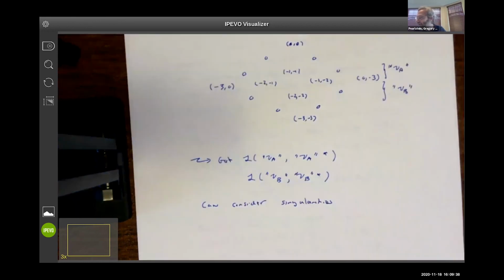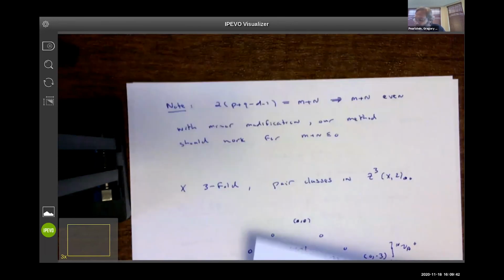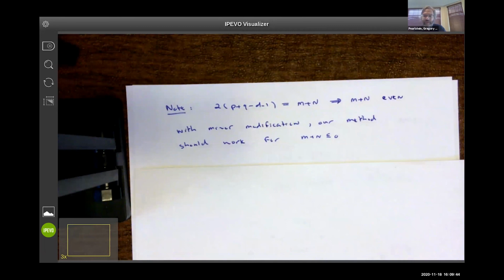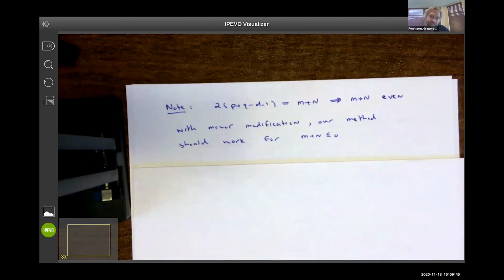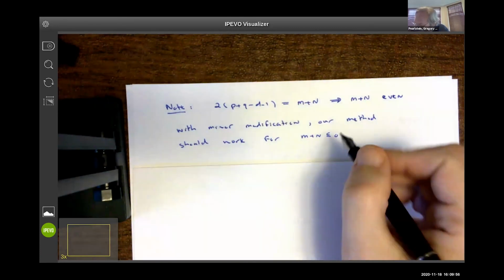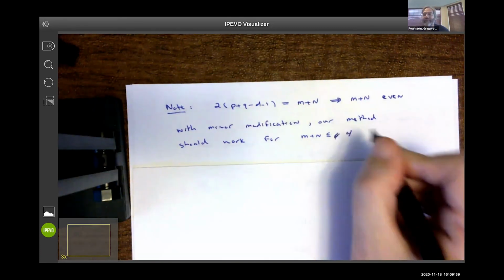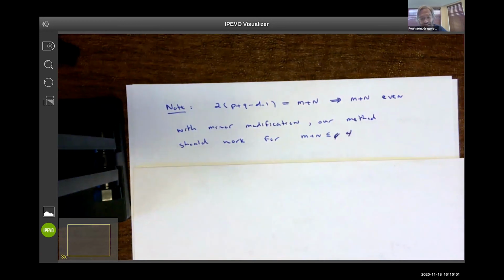And so now maybe I will say a little bit more. Okay, so obviously m plus n has to be even because I put 2p plus q minus d on the other side of it. So this is 4. Okay, so we think that we can do it up to 4 without too much trouble.